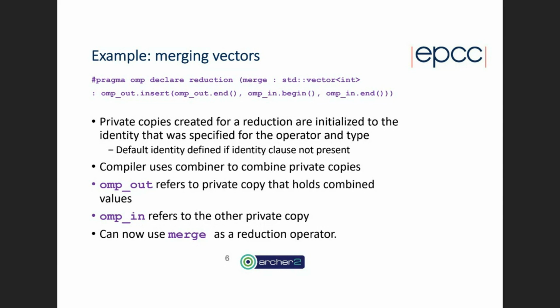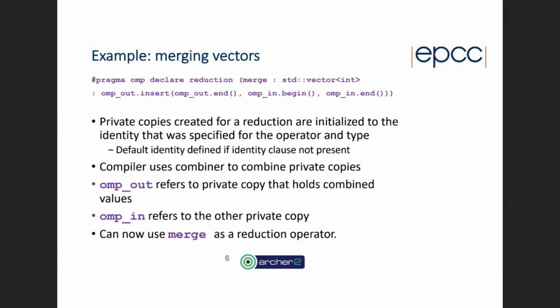And then we have this little expression which says how to combine two things of this type. There are these two special pseudo variables here, which are omp_out and omp_in. It's telling the compiler how to produce one value from two values.